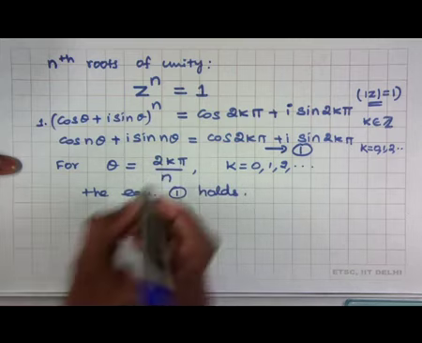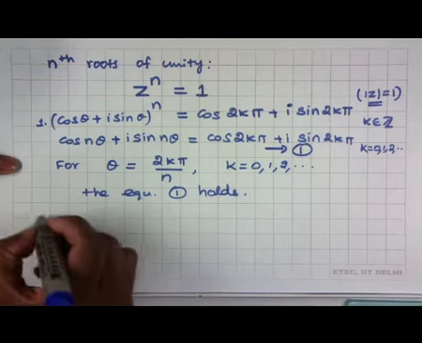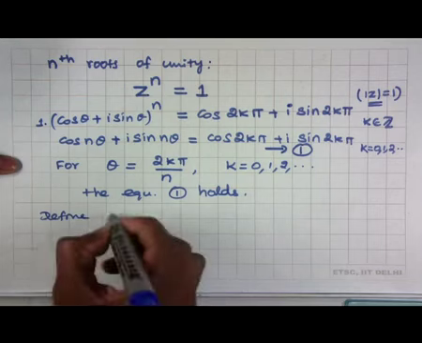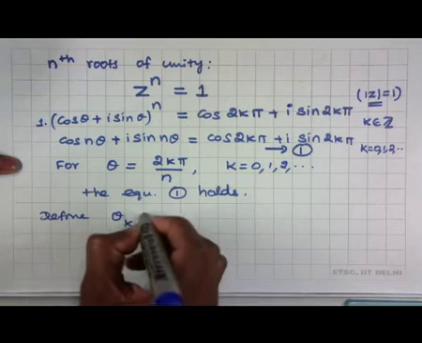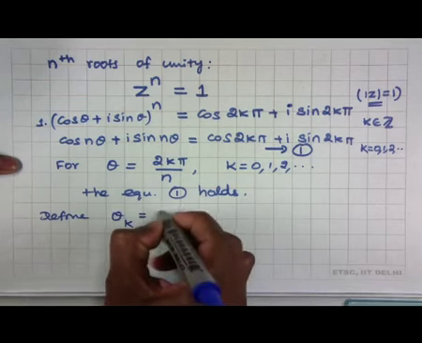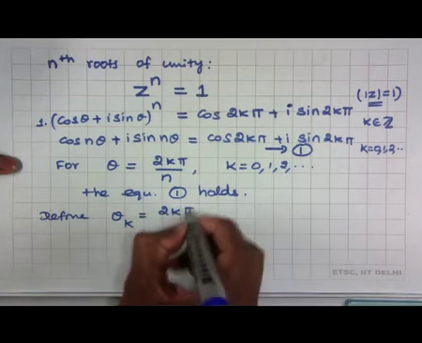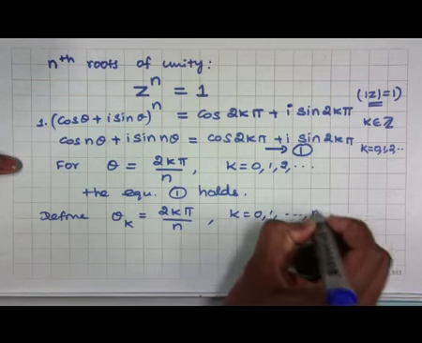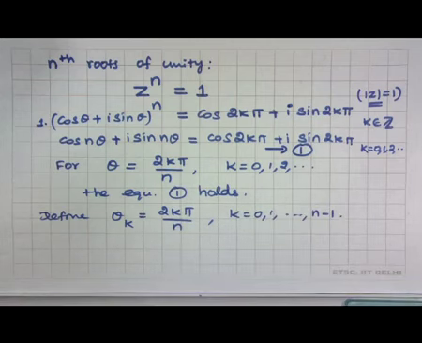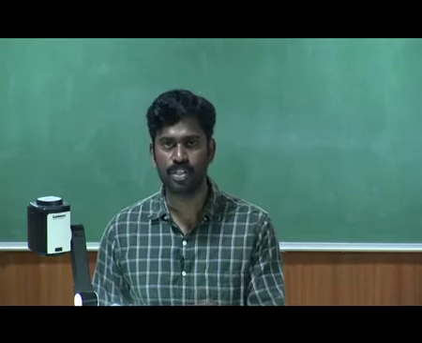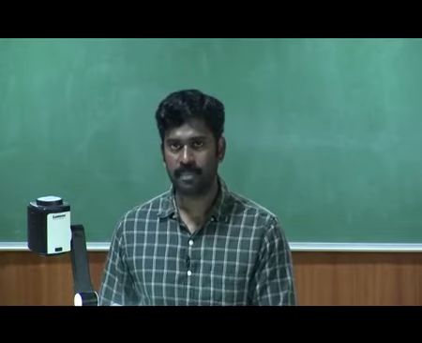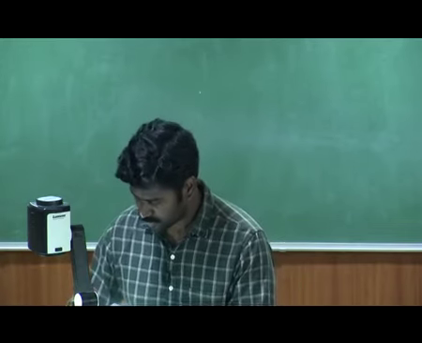So, what I do is define theta k as 2k pi by n, with k from 0, 1, etc., till n minus 1. I only collect the values for k from 0 to n minus 1. For each theta k I can define a complex number.